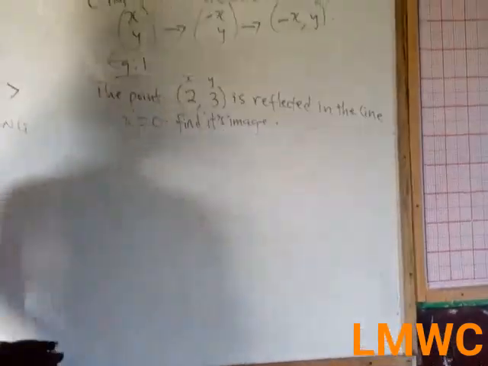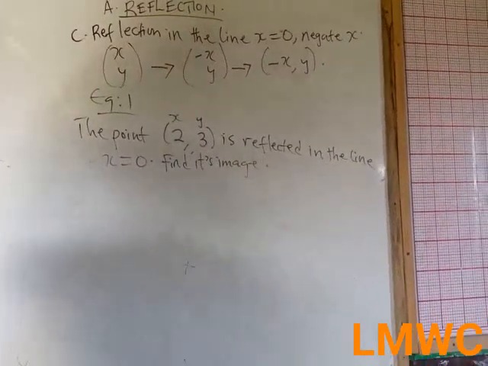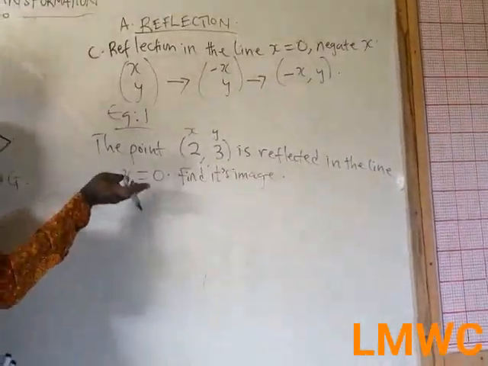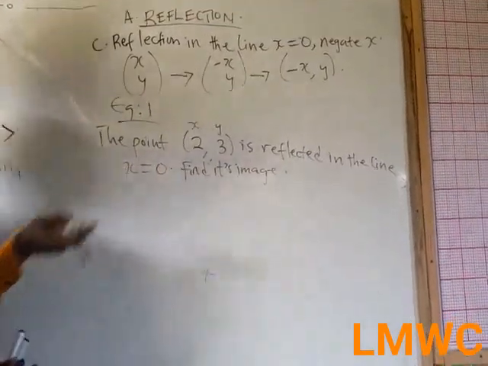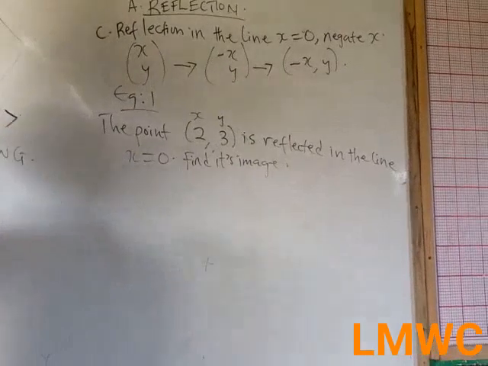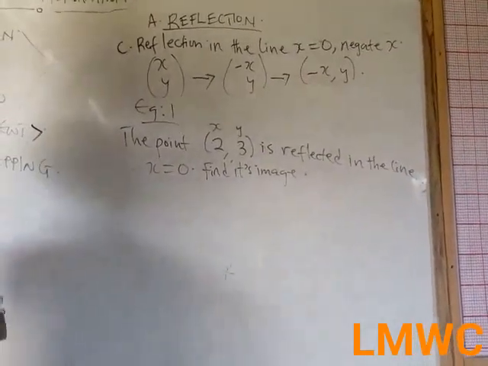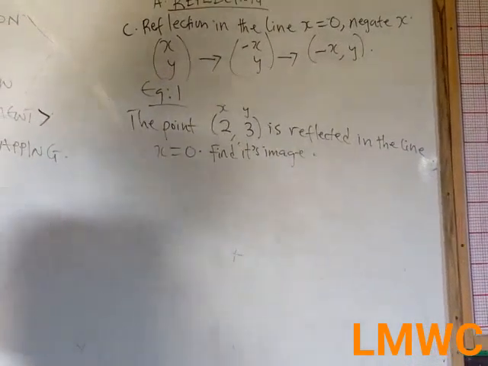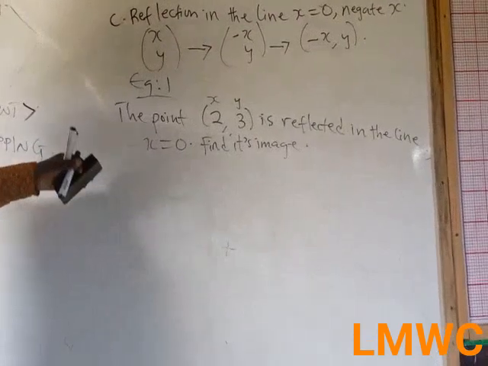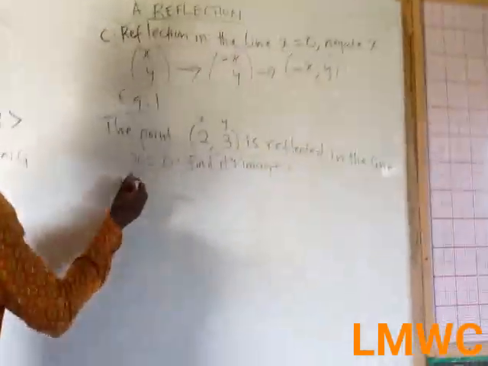And anytime you hear of x is equal to 0, negate x. Always people get confused if they say x is equal to 0. But at the senior high level, they can give you reflection in the line x is equal to 2, x is equal to 3, x is equal to -4. We have a formula for it. But once they give you reflection in the line x is equal to 0, you just negate x.